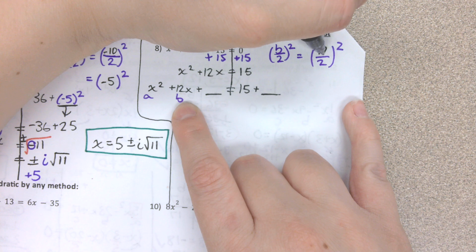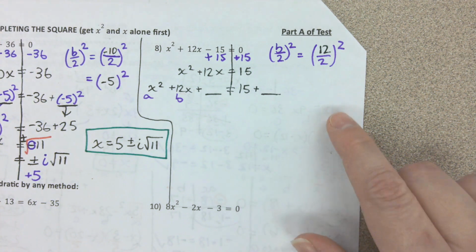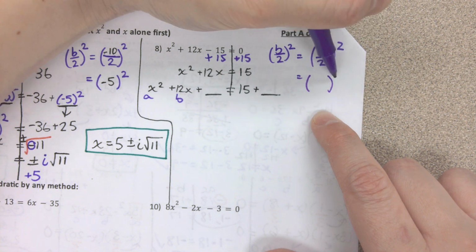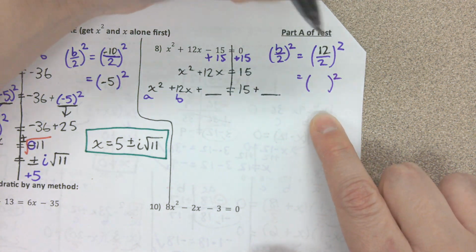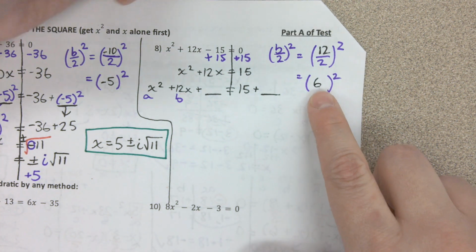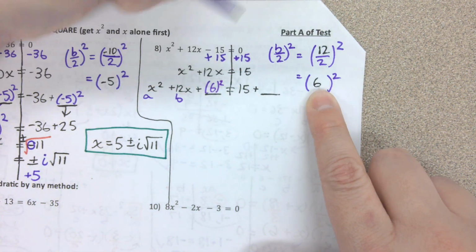So this is 12 over 2 squared. And then we just divide. 12 divided by 2, that's 6. And this was a positive 12, so that's why there was no negative this time. So I'm going to put 6 squared in the blanks.